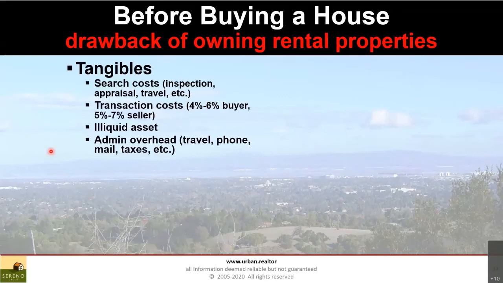Administration overhead. Again, there is some management associated with that, even though we have a property management, and we are also a second level property manager. And there is some quote unquote hustle associated with managing that, unlike the hustle of managing your stock portfolio, bond portfolio, and so on.